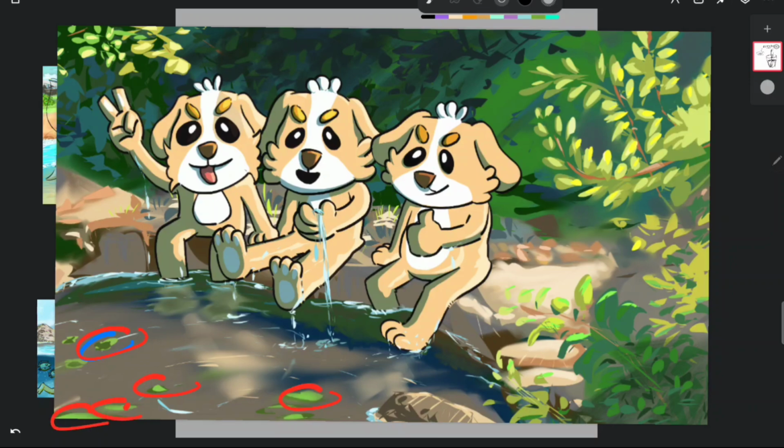We'll talk about surface in our next video. And then we have some splashes on the surface. Then if you look at the legs, you can see the way I play with the painting here, and see the change.